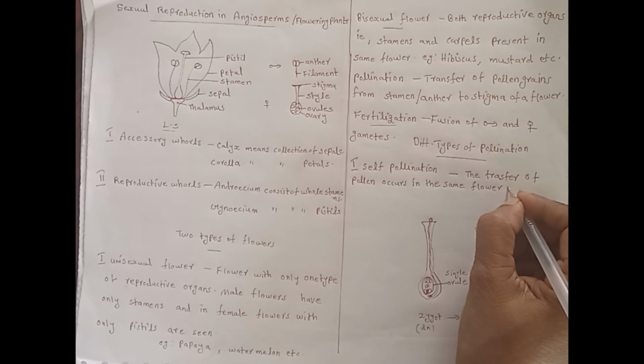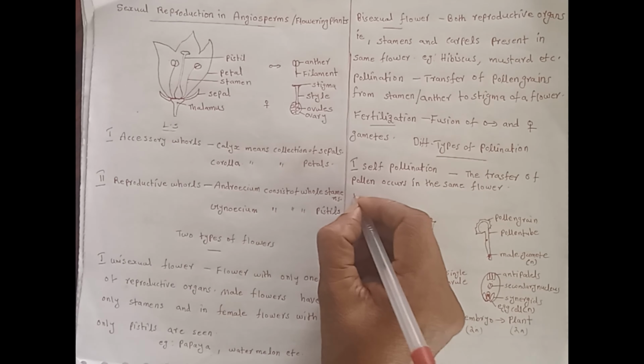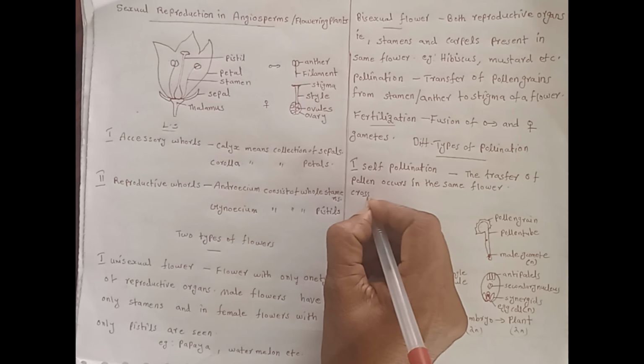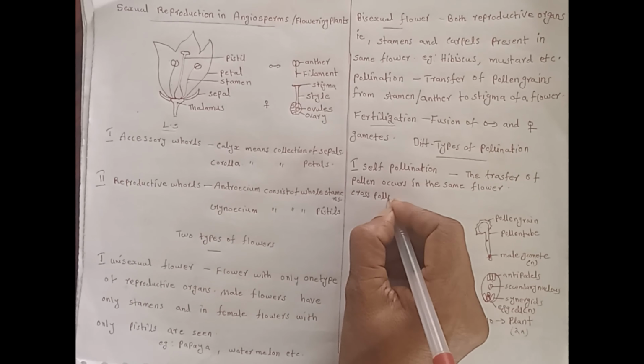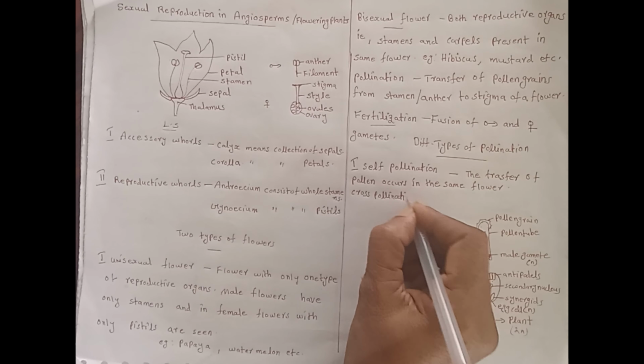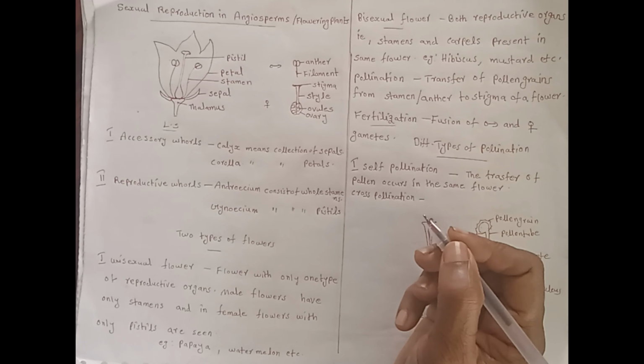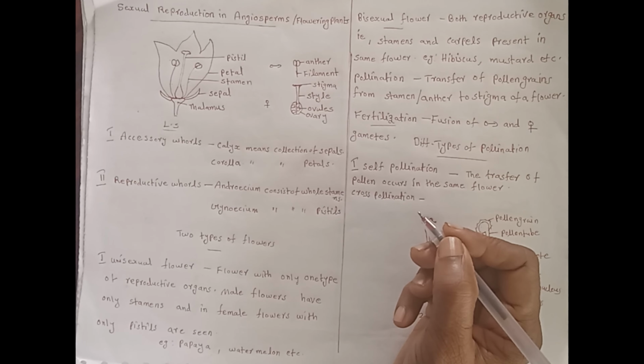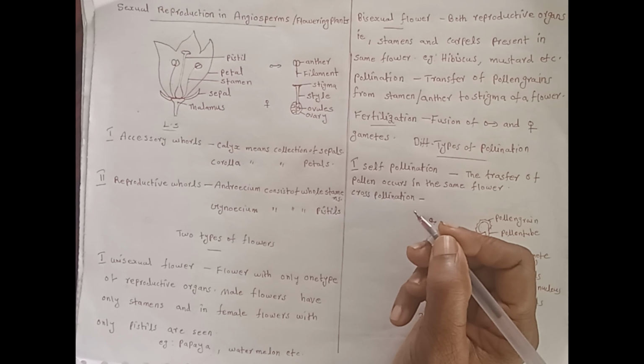Second type of pollination, cross-pollination. What is cross-pollination? If the pollen grain is transferred from one flower to another flower, it is known as cross-pollination.